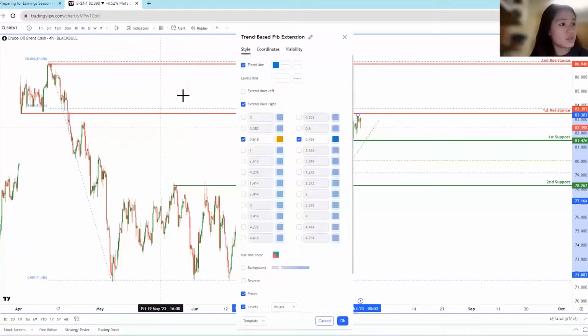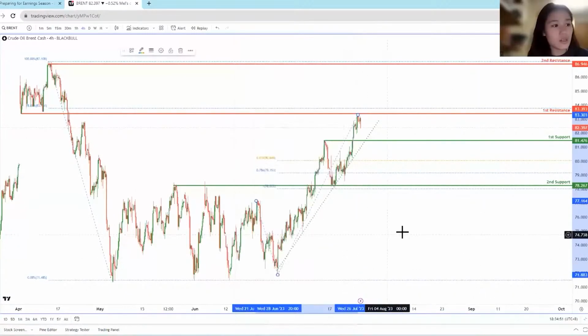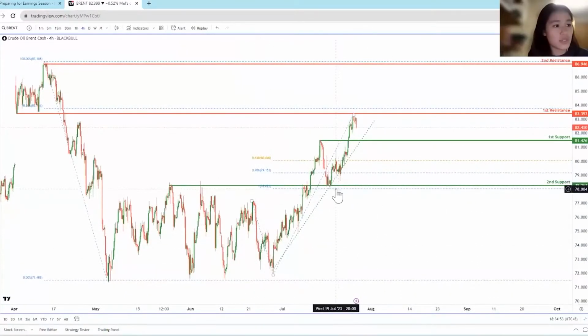Next, I'm looking for a projection. So for Fibonacci projection, we use these 3 levels. And I can see my 100% lines up nicely with my second support.